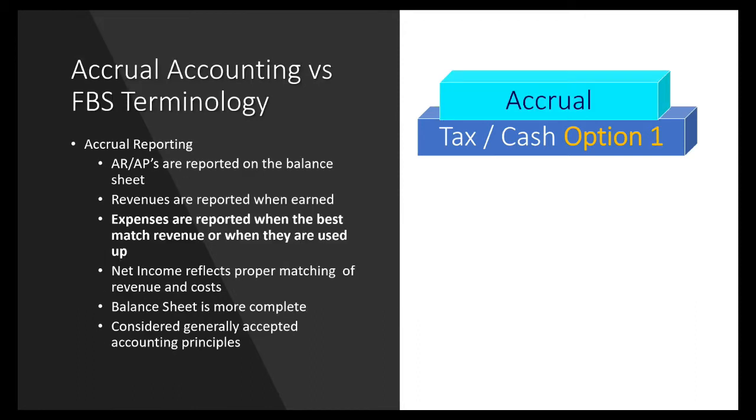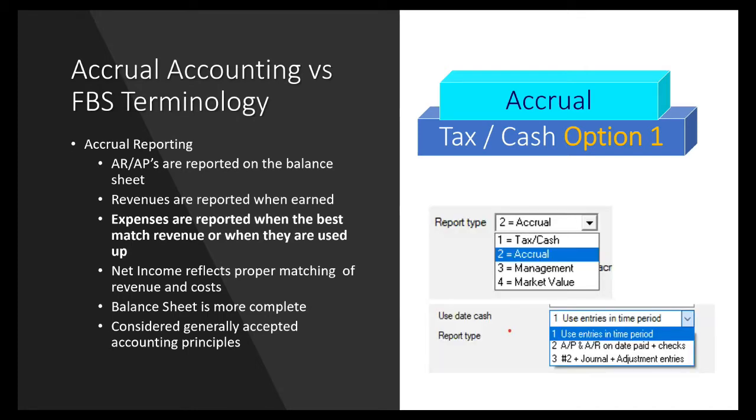In terms of accrual, I think of that as the accrual report level with option 1 cash exchange. That's the true matching of revenue, true matching of expenses with revenues. Again, these are the report options and toggles to get to what I think is more of an accrual-based reporting.